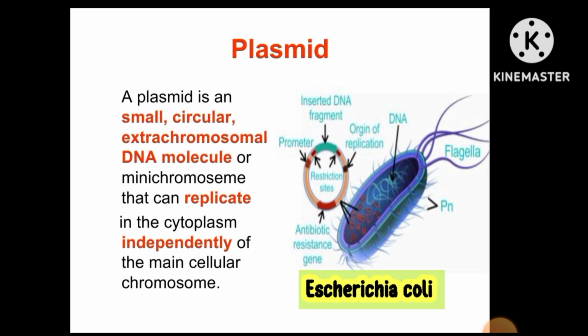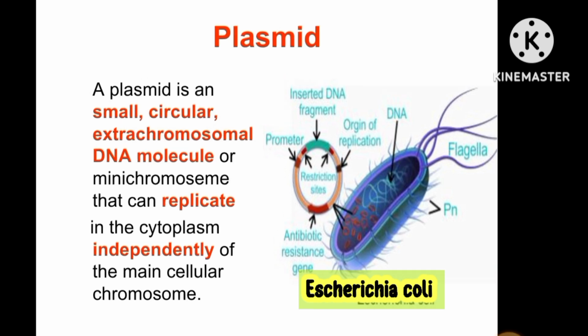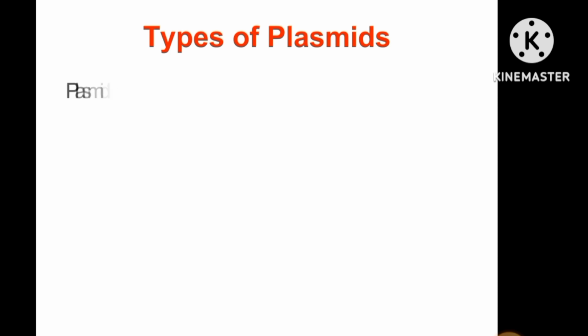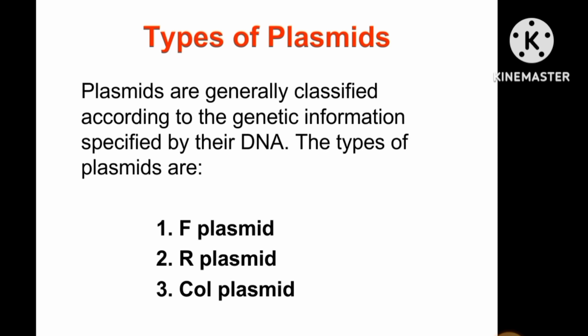The process by which plasmids are eliminated from the bacteria is known as curing. The commonly used curing treatments are acridine mutagens, UV and ionizing radiation, thymine starvation, and high temperature. So by all these processes we can eliminate the plasmid from the bacteria and it doesn't affect the survival of the bacteria. The very common types of plasmids are the F plasmid, R plasmid, and the Col plasmid.